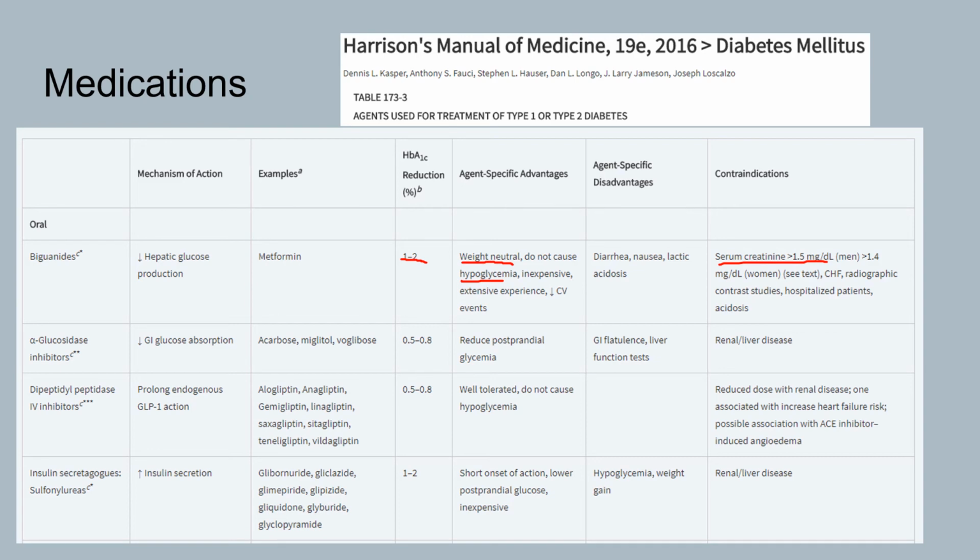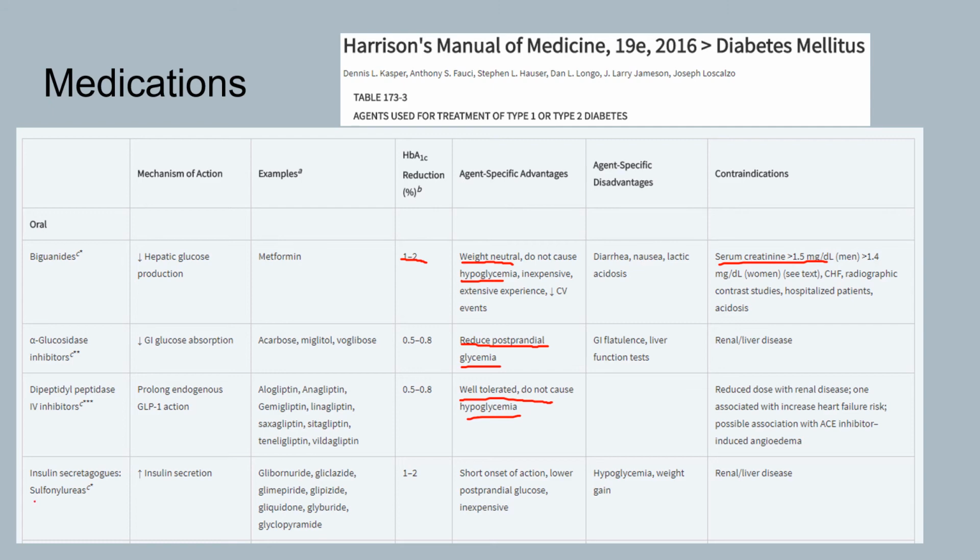So metformin is pretty effective. It's usually one of the first line ones used. The glucosidase inhibitors are particularly good at reducing postprandial glycemia. The peptidase inhibitors are generally well tolerated and are not an issue with hypoglycemia.